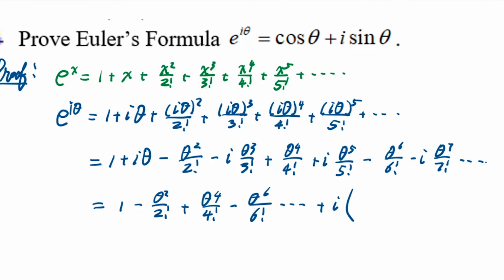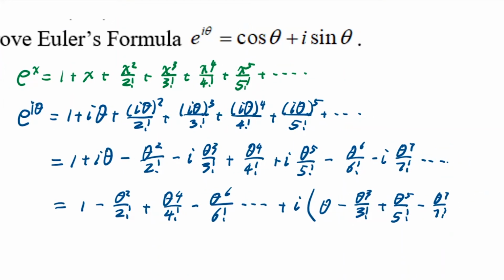Let's put all the imaginary terms: theta minus theta cubed over 3 factorial plus theta to the 5th over 5 factorial minus theta to the 7th over 7 factorial.